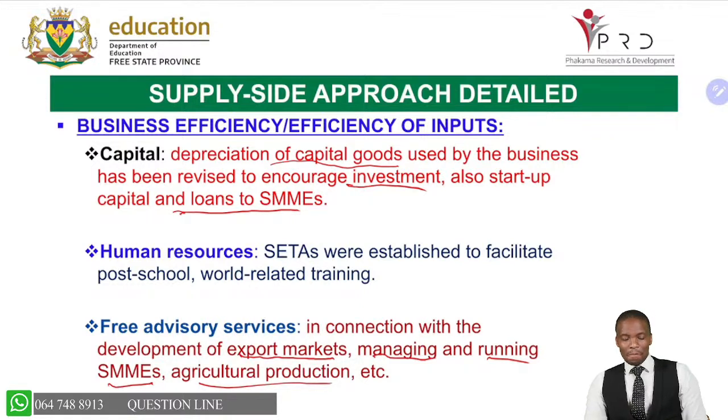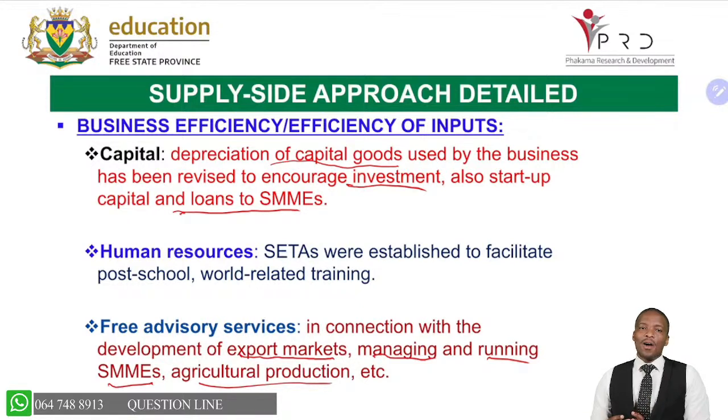Here we are saying that if a farmer has grown crops or goods that need to be exported to other countries, the government acts as a mediator, to say in this particular market or in this particular country, they may be in need of citrus products that are produced where? In South Africa.